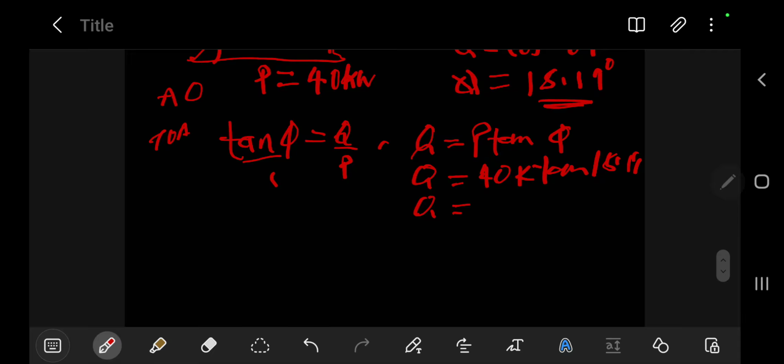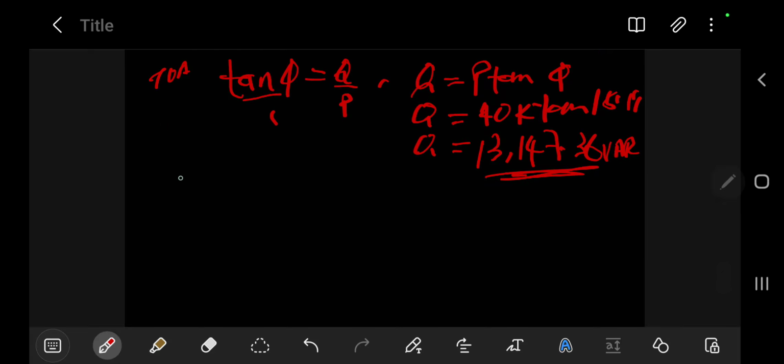If you punch this on your calculator, the tangent of the angle times 40 times 10 to the power 3, you get a big number: 13,147.36. This is given in terms of VAR, volt-ampere reactive.